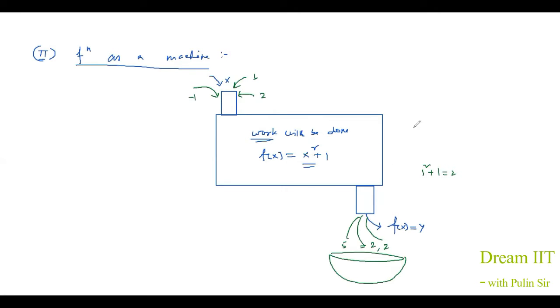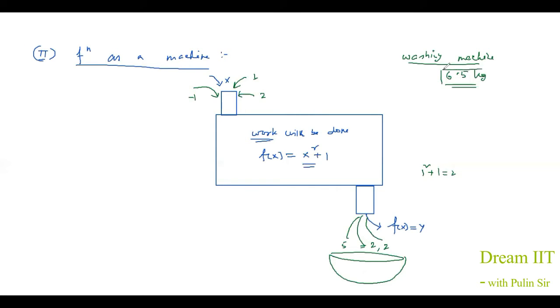Now, like an actual machine, every machine has restrictions. Let me give you one small example: a washing machine. You purchase it and it is written 6.5 kg. What does that mean?